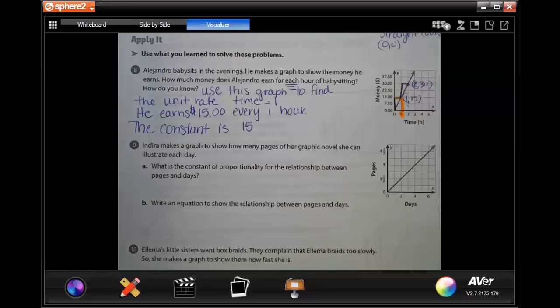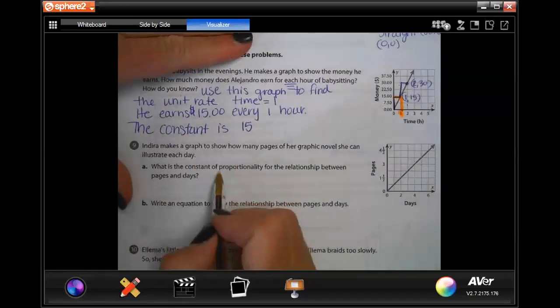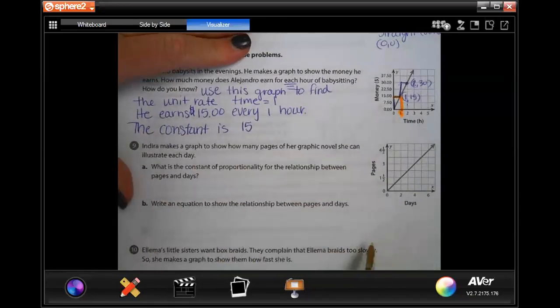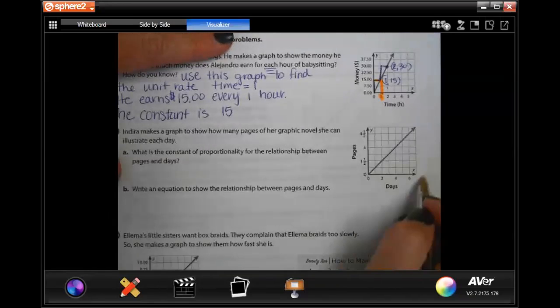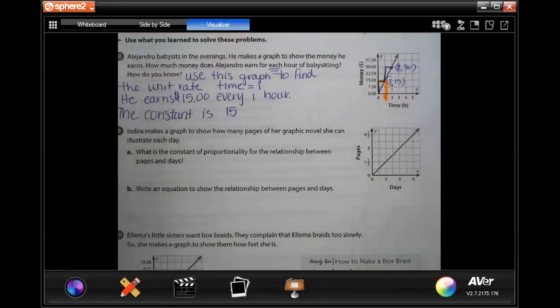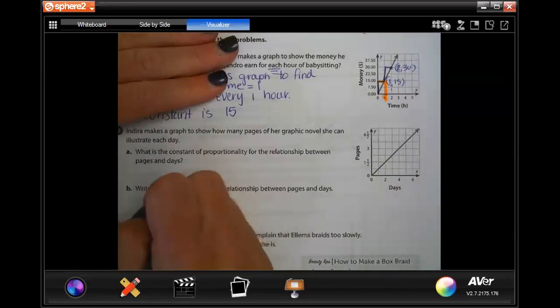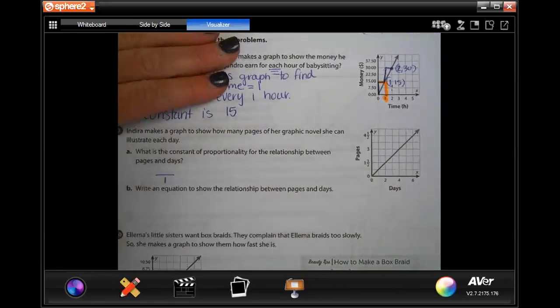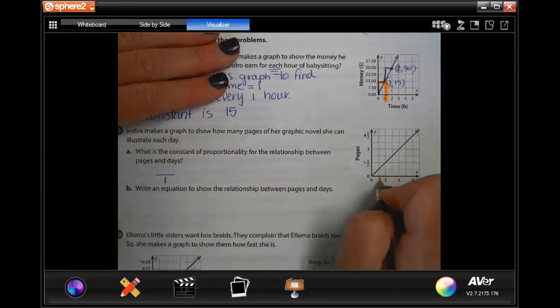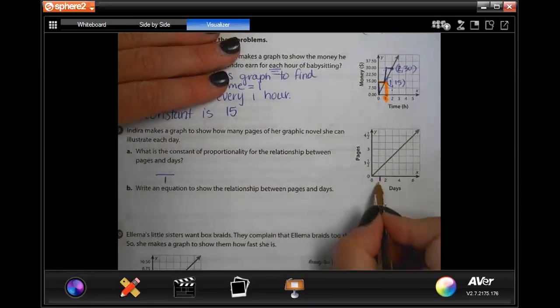All right. Sorry, I got a little glitchy right there. So in order to find the constant of proportionality, we need to find out where 1 is for days. Because remember, all constants like unit rates have to have a denominator of 1. So we're going to go here on the x-axis to find 1.